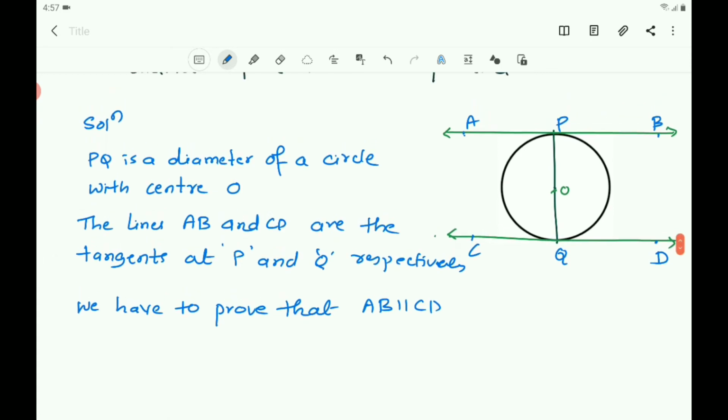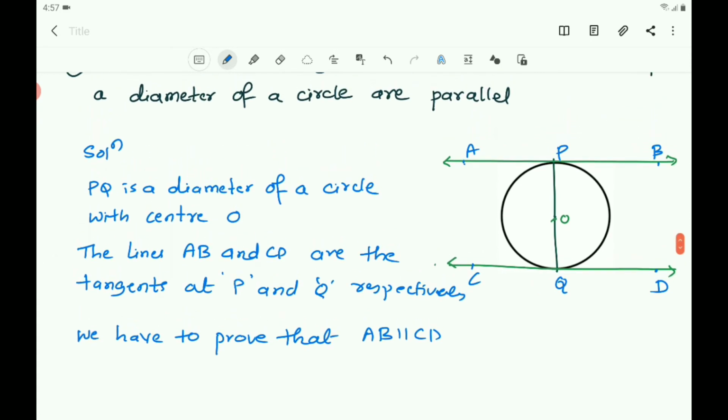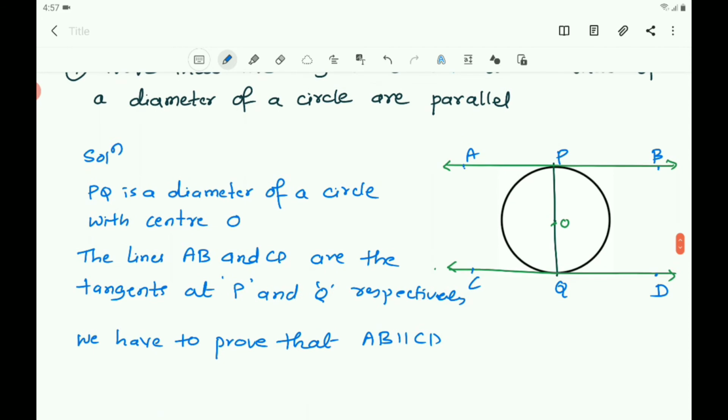Now you know that AB is a tangent at P and PO is a radius at the point of contact. Therefore, the angle at P must be equal to 90 degrees, that is angle APO and angle BPO, meaning angle APQ and angle BPQ are equal to 90 degrees.